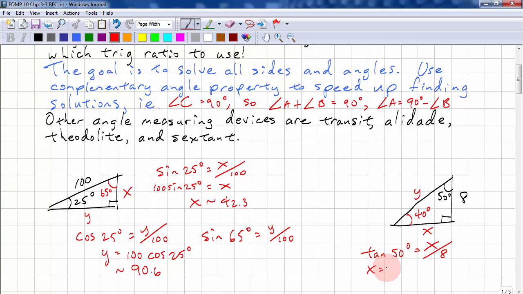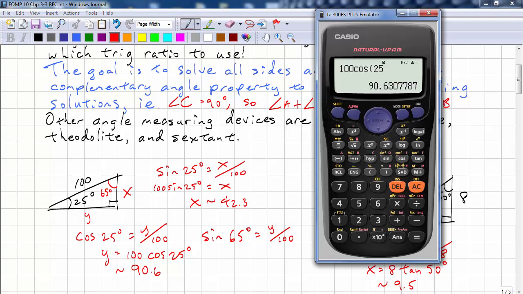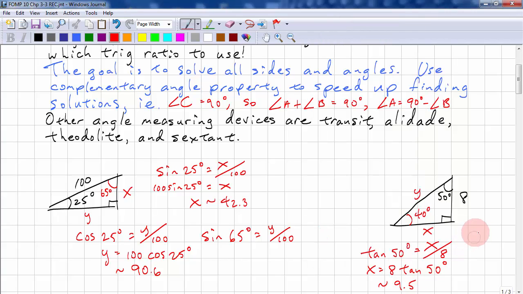So x equals 8 tan 50, and that's approximately 9.5. On our calculator, 8 tan 50 gives 9.5.